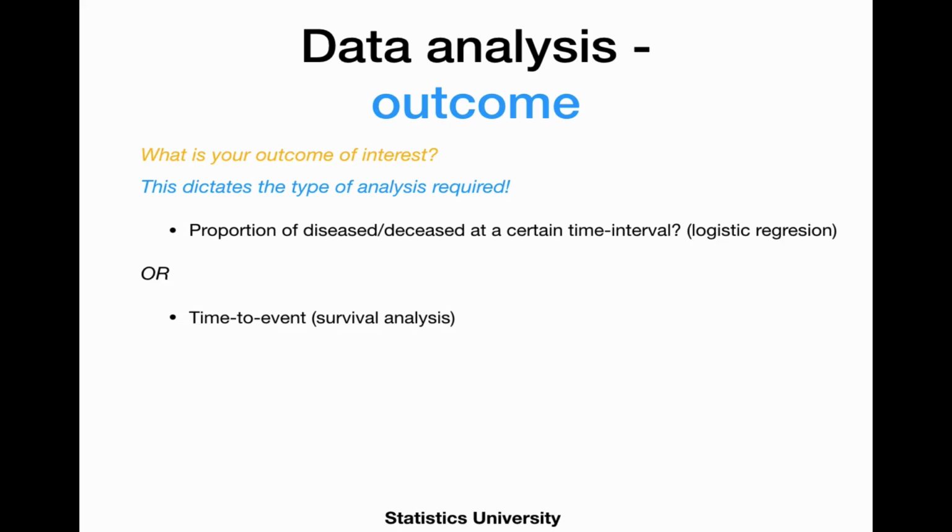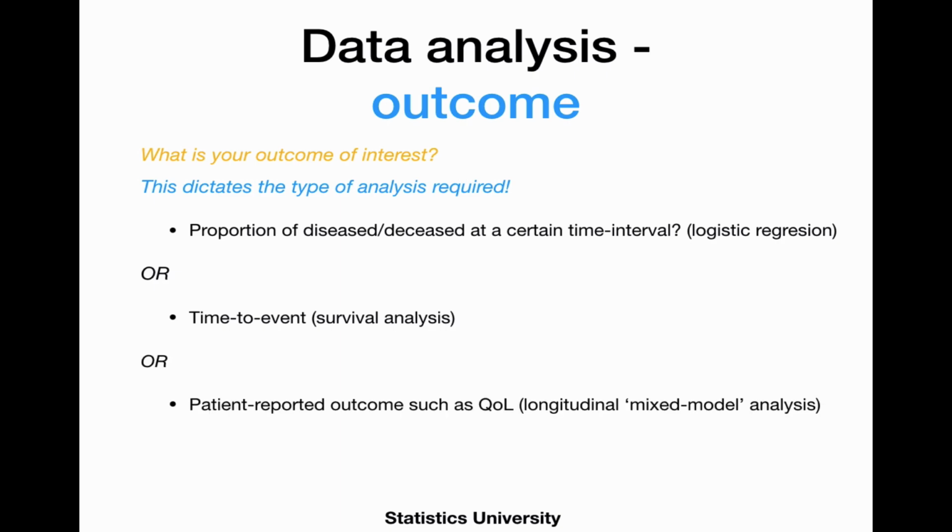If we want to look at a time to event outcome, then survival analysis would make sense. And if we want to look at patient-reported outcomes such as quality of life over time, then a longitudinal analysis such as a mixed effects regression model makes sense.